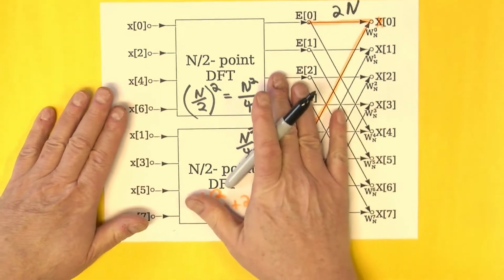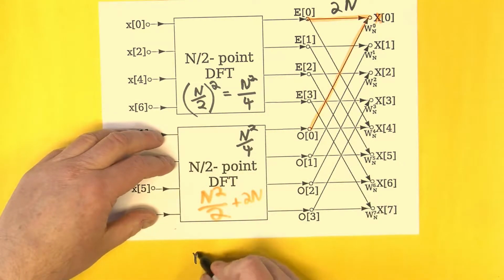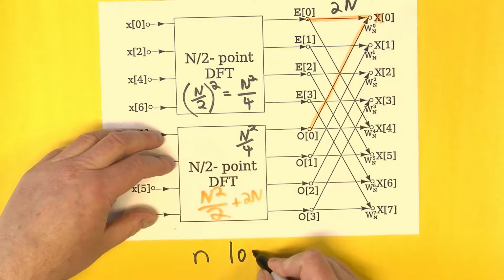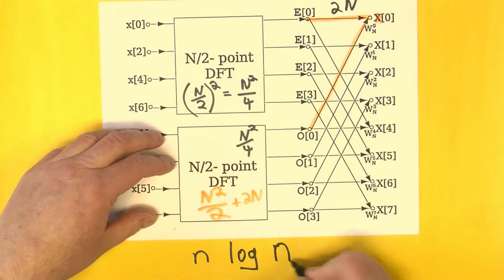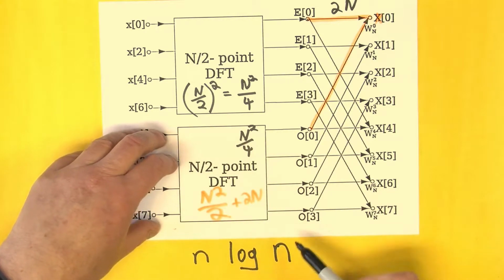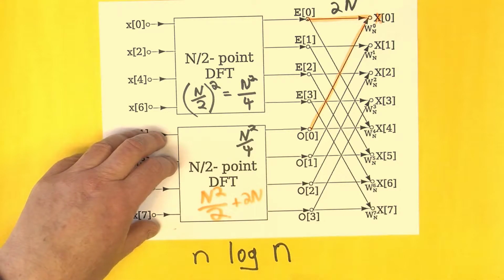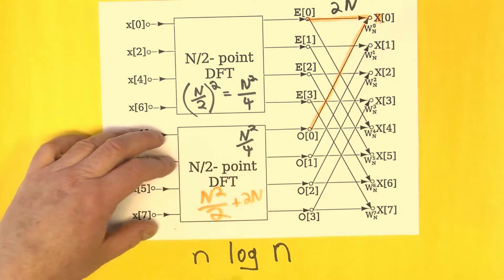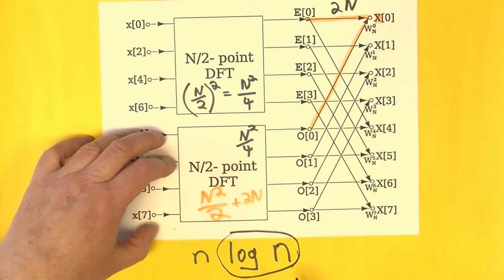And the saving is in fact n log n. So it's not n squared, it's n log n calculations. And log n is really a very slowly growing function.